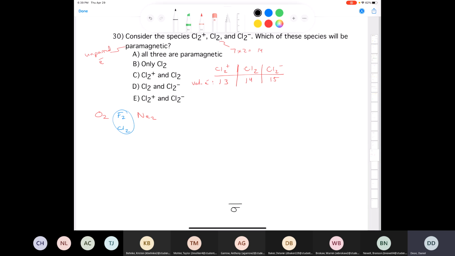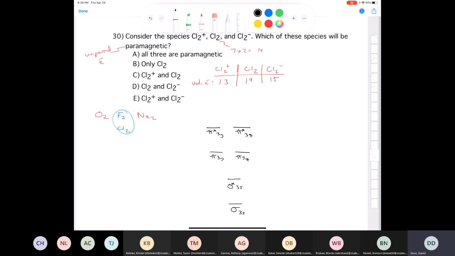I'm going to have a sigma 3s orbital, followed by an antibonding sigma star 3s orbital. Then I'm going to have my pi 3y orbital, my pi 3z orbital. Then I've got my pi star 3y orbital and my pi star 3z orbital.